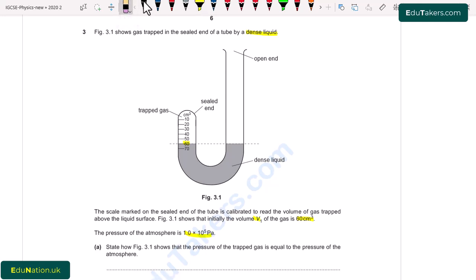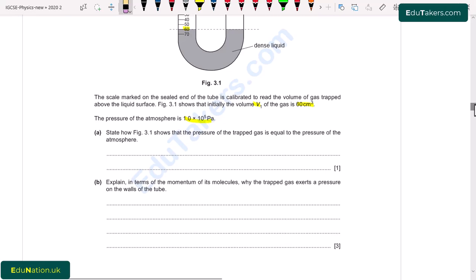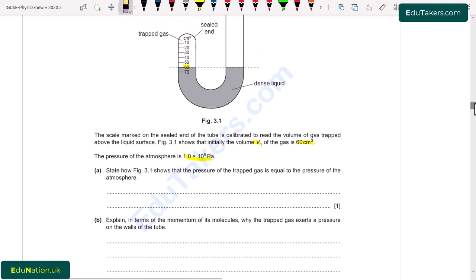Here we have to tell how the pressure of the gas that is trapped inside this liquid must be equal to the atmospheric pressure. So you can see from this figure that the level of liquid on both sides of this tube is equal. I am labeling it. This is the level of liquid on the right hand side and this is the level on the left hand side, and both of these levels are equal. That's why the pressure of trapped gas must be equal to the pressure of atmosphere.